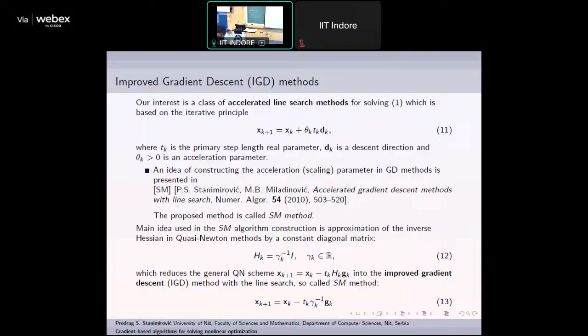Our idea was to use the simplest approximation of the inverse of the Hessian: a diagonal matrix, a constant diagonal matrix in the form of the inverse of a scalar value gamma k times the identity matrix, where I is the identity matrix.